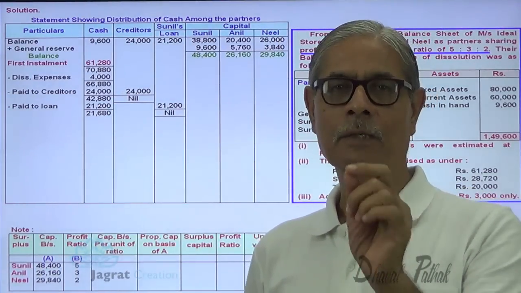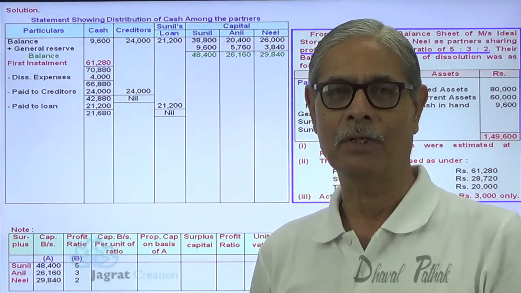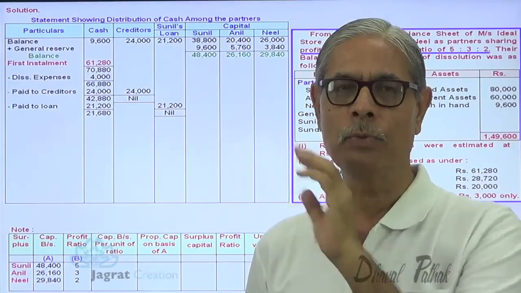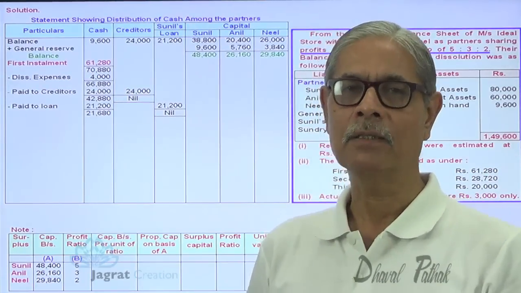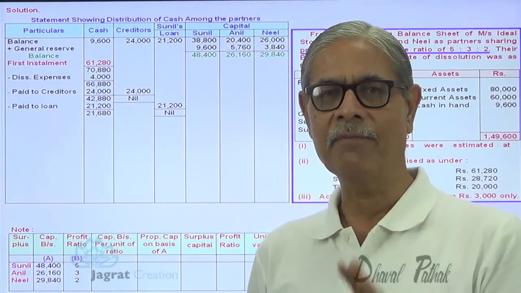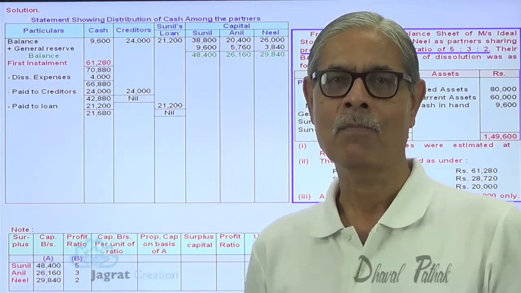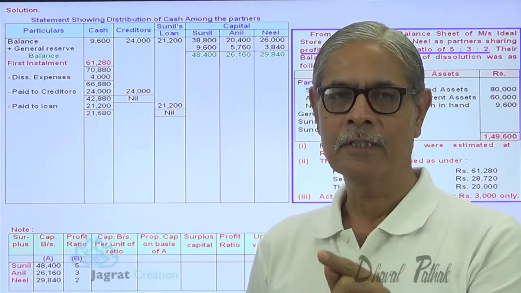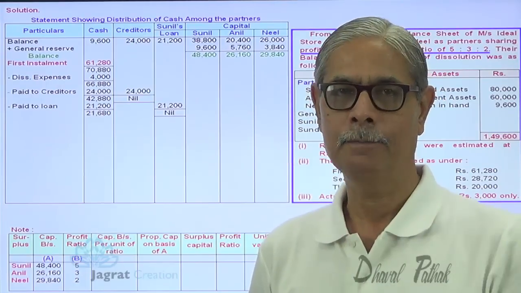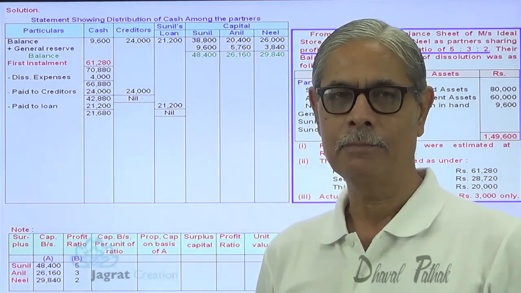Now surplus capital method, excess capital method. How to find out excess capital? To find out who has contributed more capital, who has contributed less proportionate capital, that can be worked out on the basis of finding out capital contributed by each partner per 1 unit of profit. So share of Sunil is 5 units of profit.